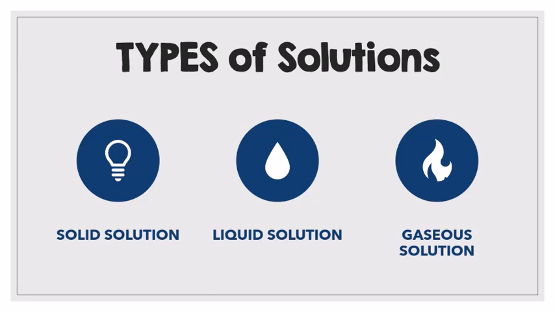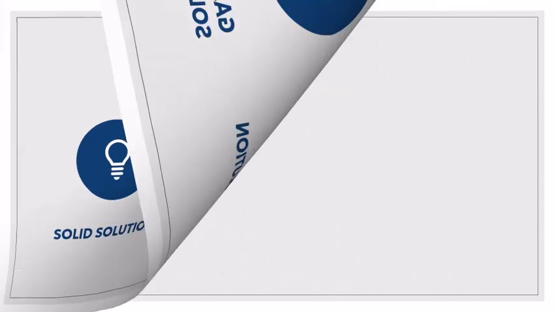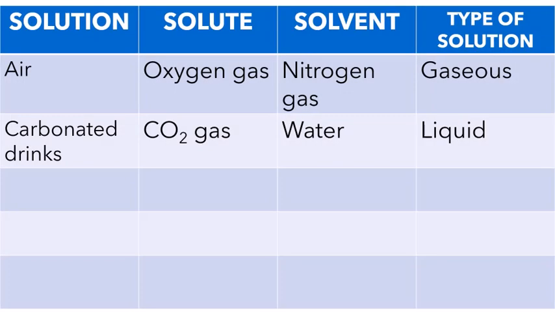So let us now discuss the different types of solutions. We have three. We have the solid solution, the liquid solution, and lastly, the gaseous solution. So let's have a sample table on how we're going to determine the type of solution. So I have here a table. So there are 4 columns.